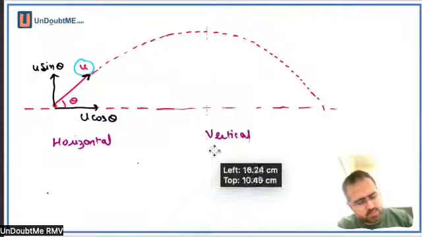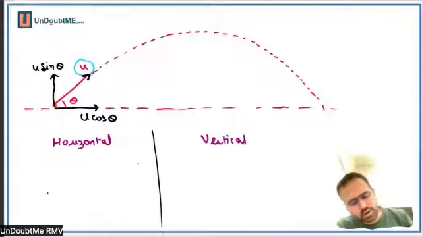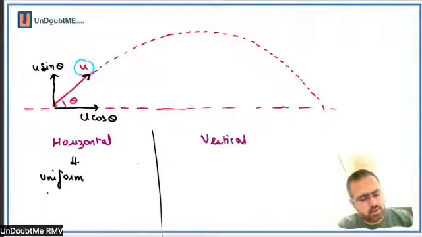As discussed, this projectile is a combination of two motions, horizontal and vertical motion. Now you should understand that horizontal motion will be a uniform motion. This is a very important point. Uniform motion means there is no acceleration over here.